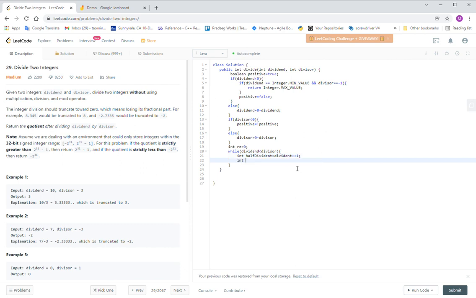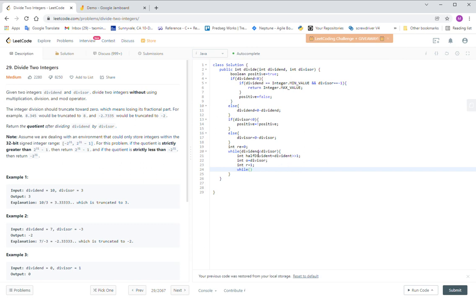Then we use this one to do the compare with divisor and 1, and then we need to get the maximum of the moving.